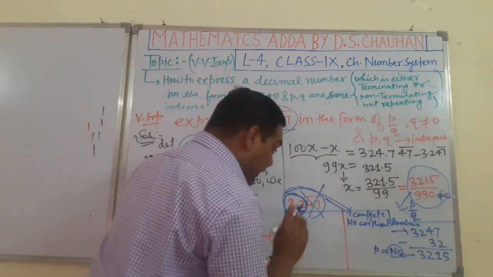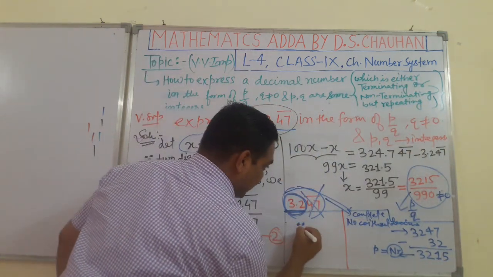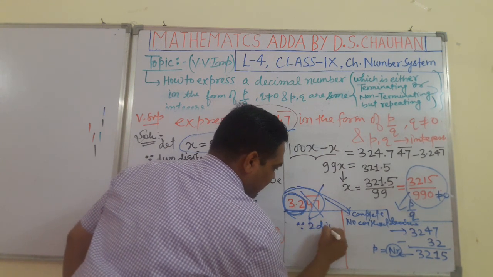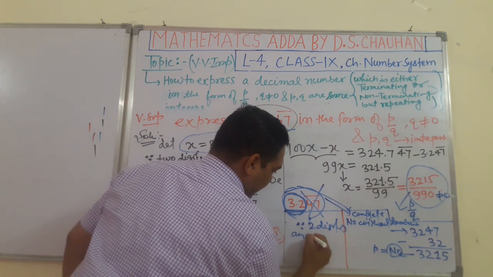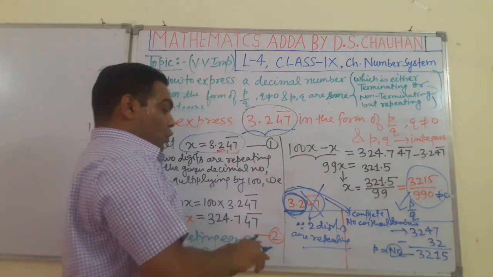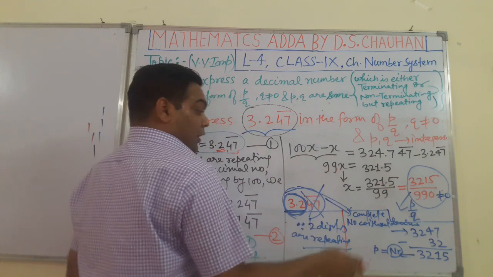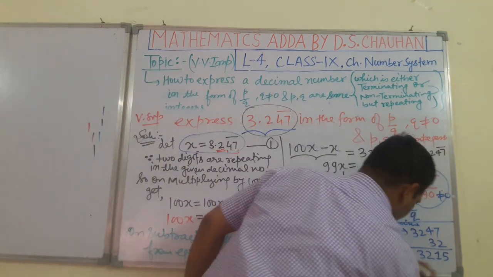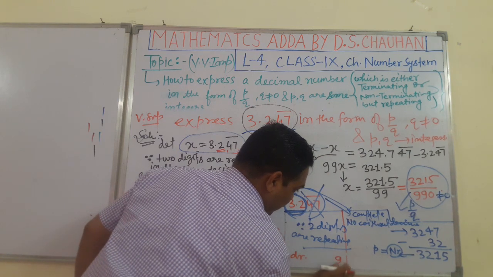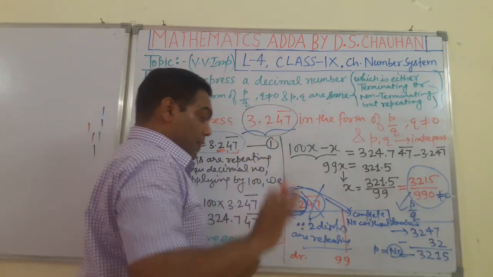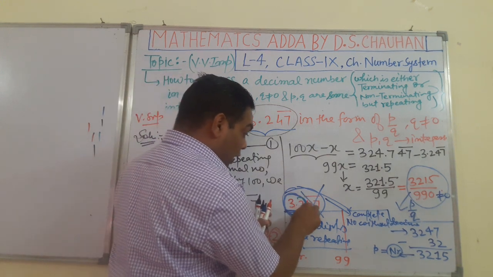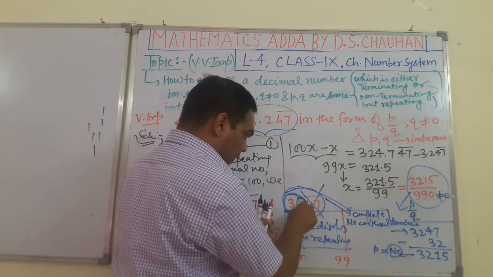And for the denominator, students, see here, since 2 digits are repeating, so write 29 in the denominator. Write 29 in the denominator. And then after the decimal, look how many digits are not repeating.